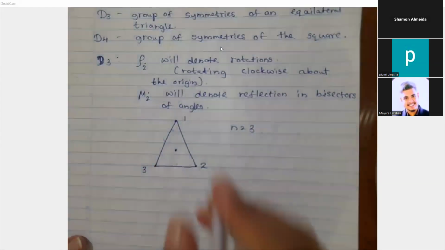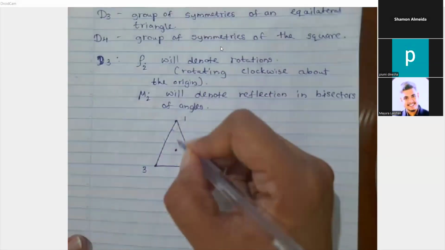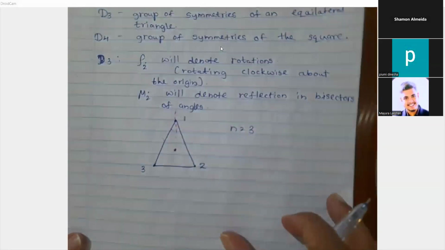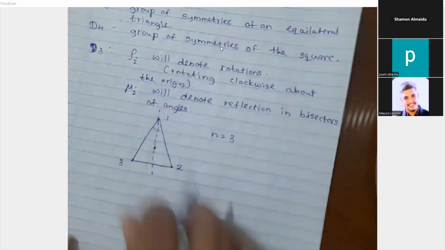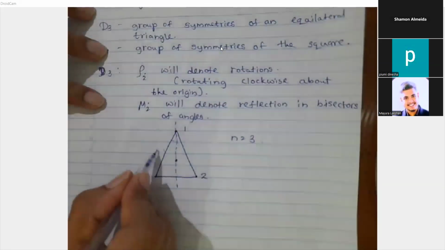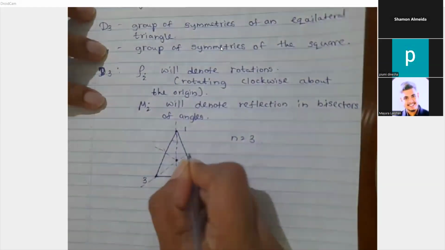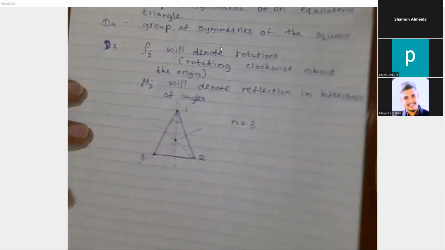We take this line that goes from this vertex through the center. And suppose this is an equilateral triangle. You have this, right? Those are the bisectors, okay?